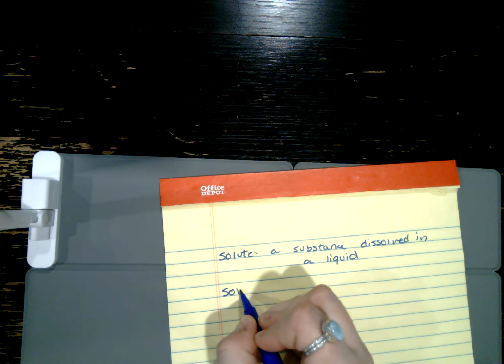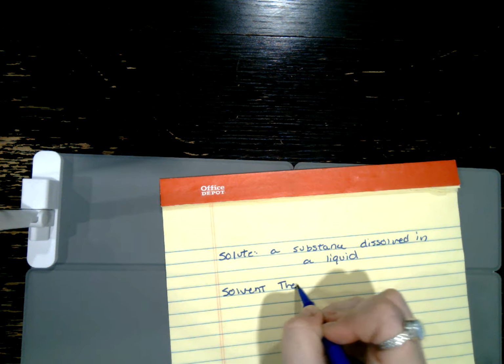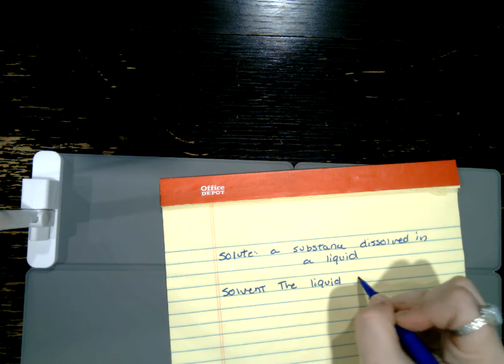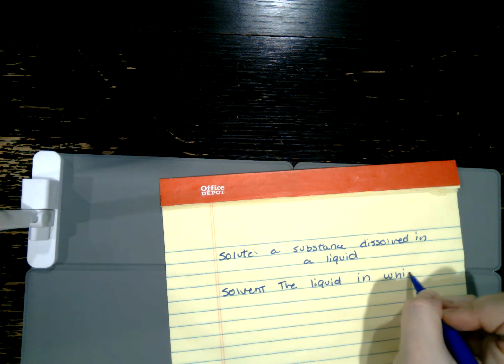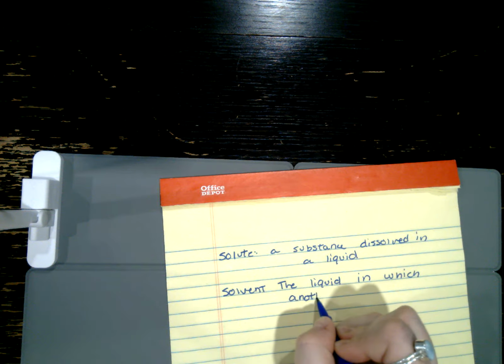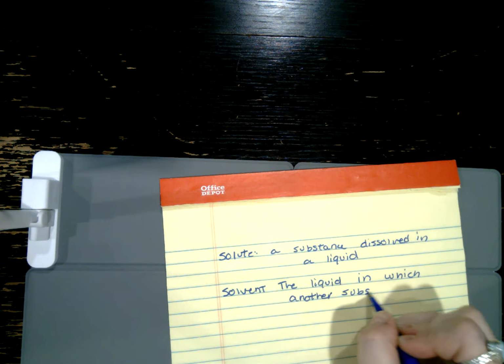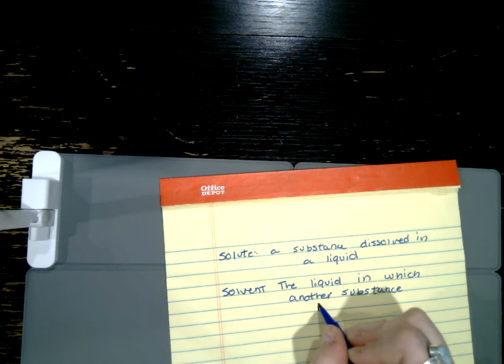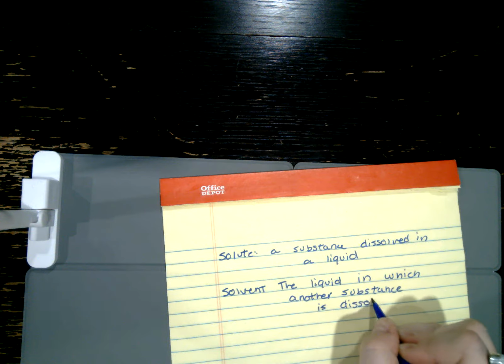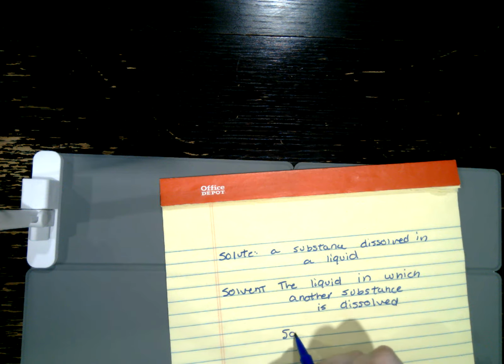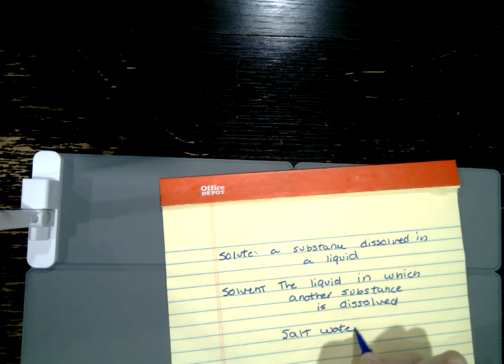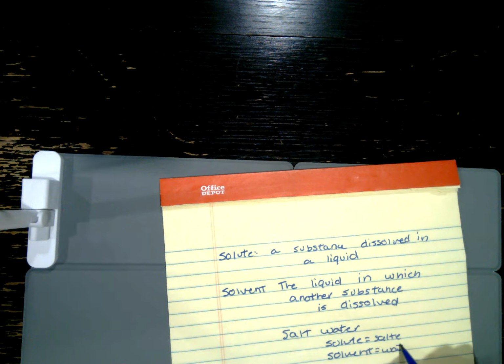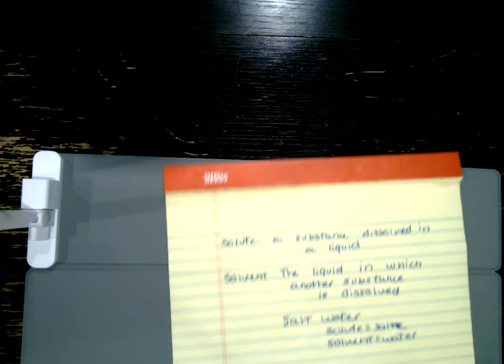The solvent is the liquid in which another substance is dissolved. So if we had salt water, the solute would be salt, the solvent would be water.